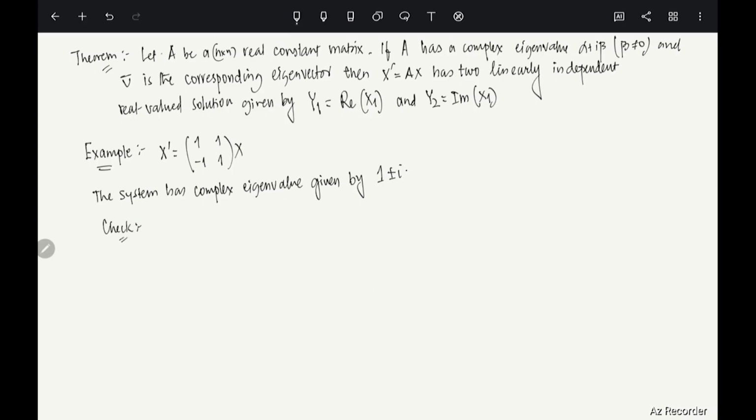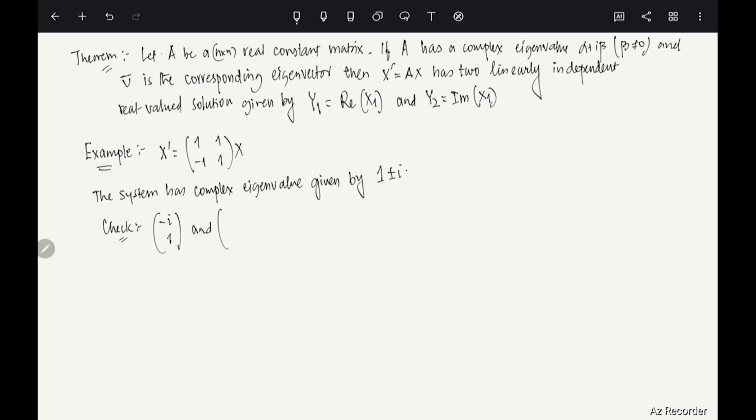I am not 100% sure about this calculation. As far as I can calculate, Av equals lambda v, right? So if you calculate it, it should look like minus i and 1, and for 1 minus i, it should be i and 1, right?